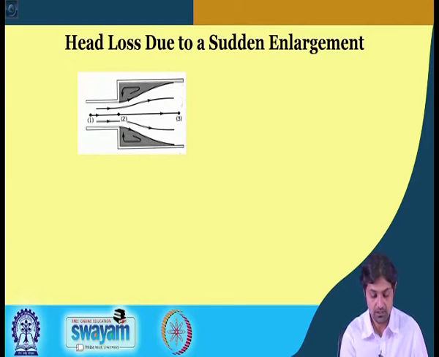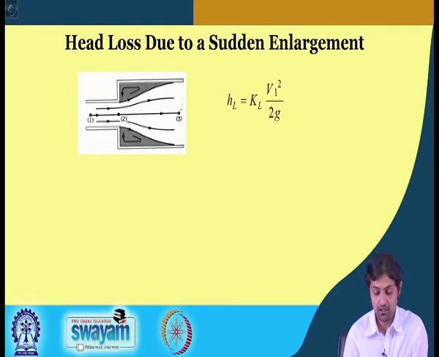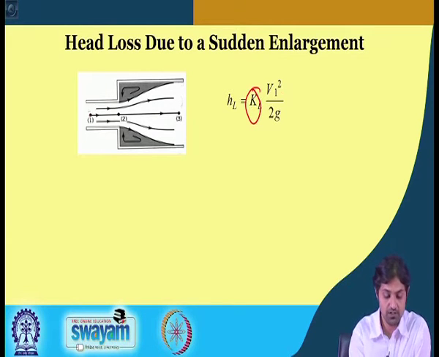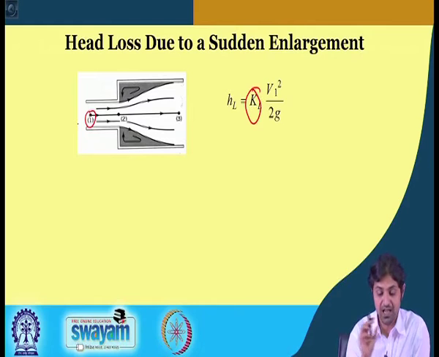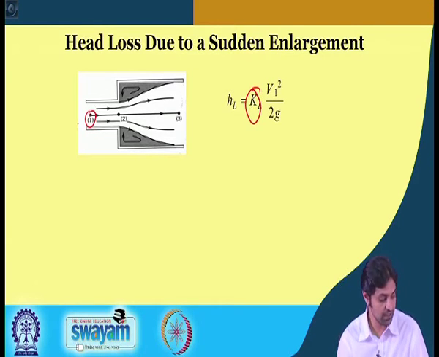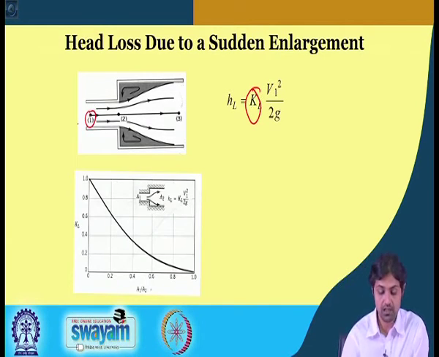If there is point 1 here, 2 here and 3 here, the head loss can also be referred as KL into V1 square by 2g, where V1 is the velocity in the narrower tube, and this KL will be a ratio of A1 by A2, where A1 is the smaller.